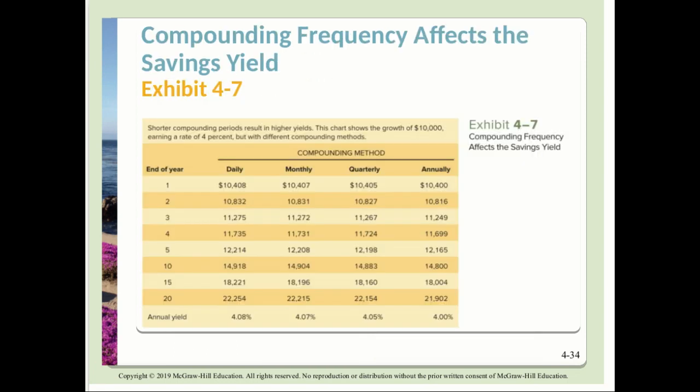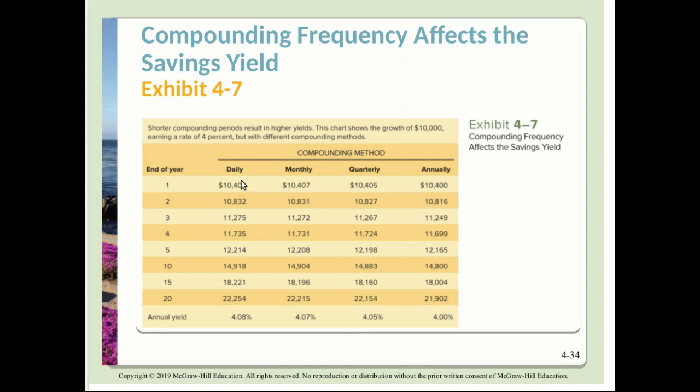Another thing to think about is compounding, how frequently the account that you're looking at is compounding. If you have something that's paying interest, say a 4% interest rate for the year, and you put $10,000 away, at the end of the year you're going to have $10,400. However, if it's compounding quarterly, monthly, or daily, you're getting interest paid on top of interest.